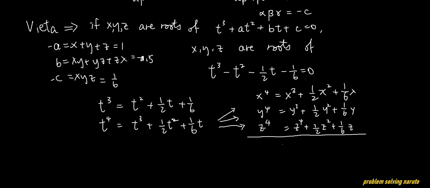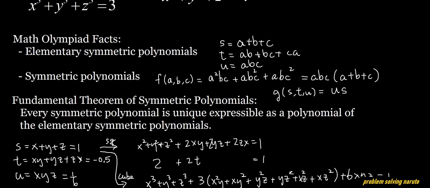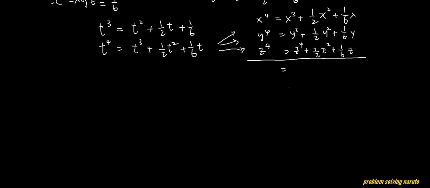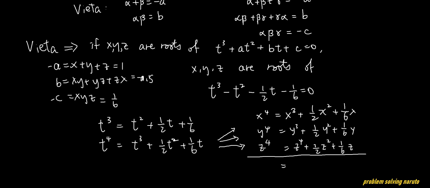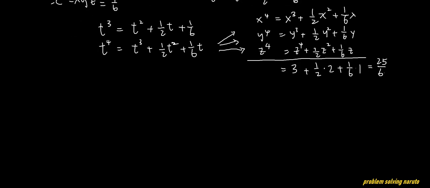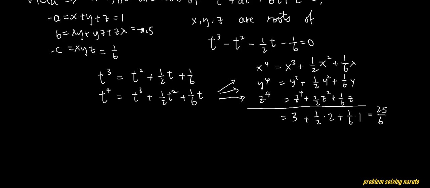If I just add these, that is what I want to find here, the sum of the 4th powers and the sum of the 3rd powers. I get the sum of the 3rd powers, which is 3. Okay, so that would give me that. And you can easily do t to the 5, right?